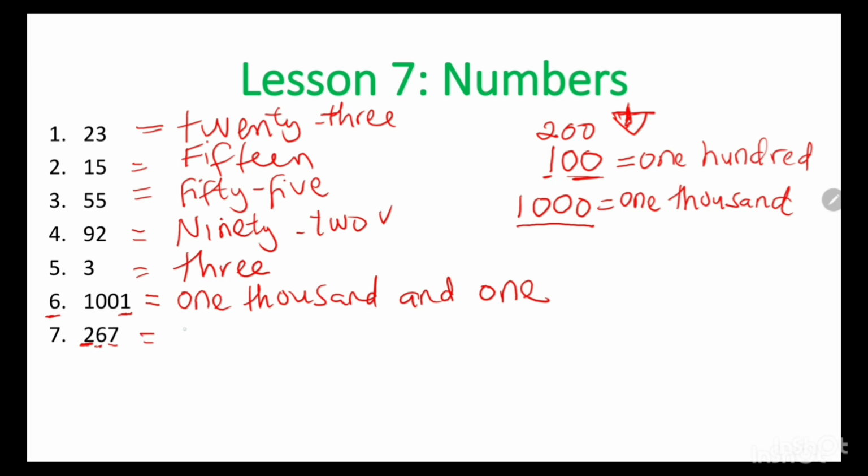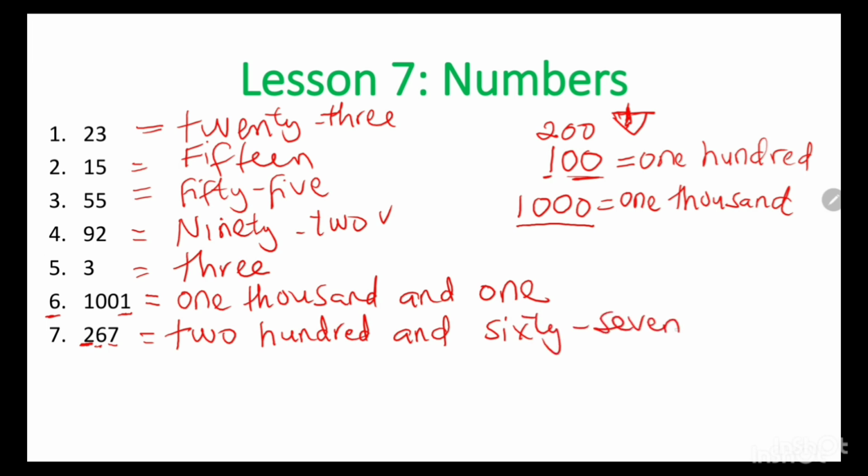So how would you write this and how will you say this? Think about it. Get ready to write it. Write it now, as I am writing it too, okay? So that is going to be 267. Perfect.